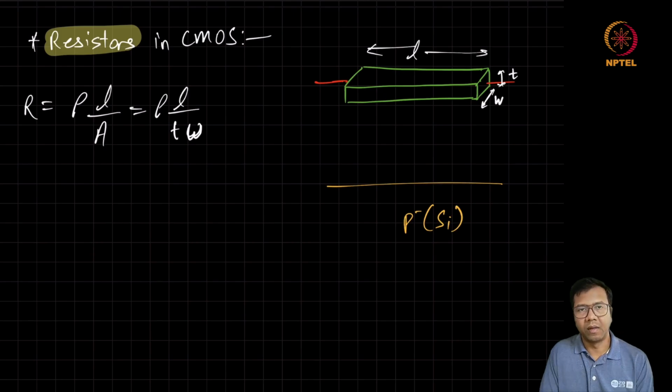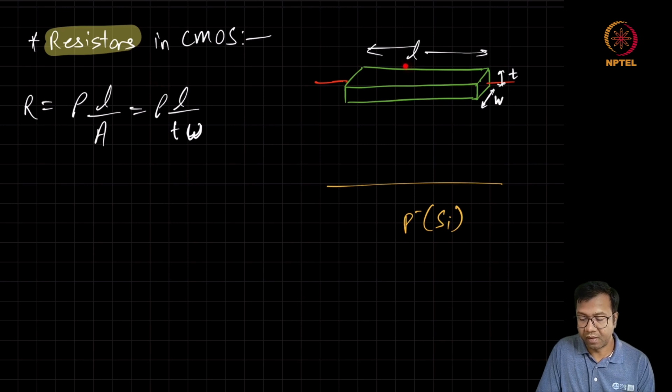When we are using the CMOS process for designing this resistor, this resistivity is not in our hand. Also, the thickness of these metals will be predefined. If we are using some specific metal layer, that metal layer will have a thickness of, let's say, 0.2 or 0.3 micron.